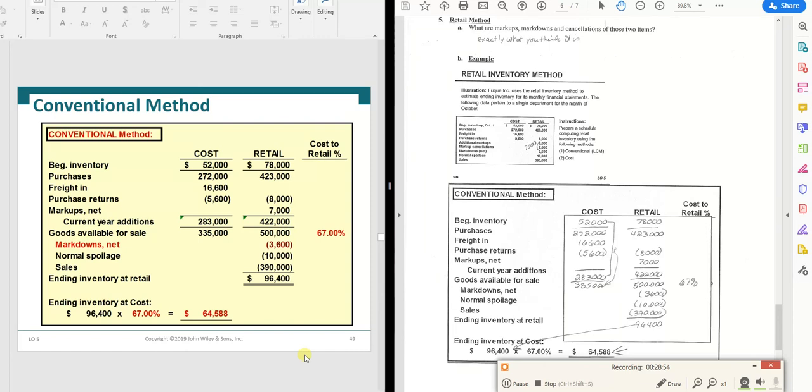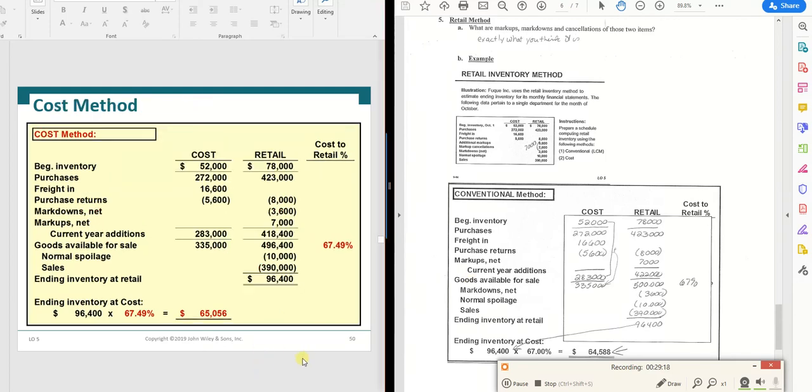So just know that you would add freight in minus purchase returns. Markup, you're marking them up on cost. You're marking them down off the selling price, etc. But notice the only difference between the conventional method and the cost method.